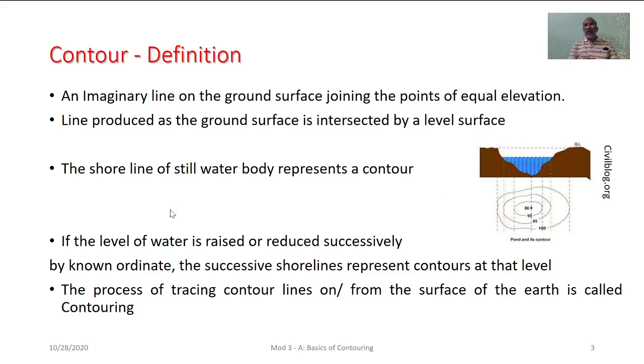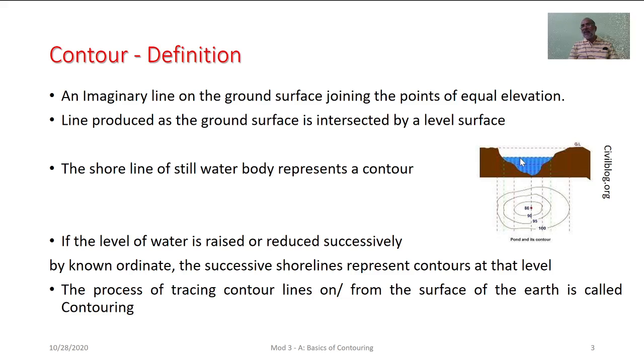Now if the level of the water is raised or reduced successively by known vertical ordinate, the successive shorelines represent the contour at that particular level. Say for example, the way you see here, initially water level is assumed to be existing at 100 meters.